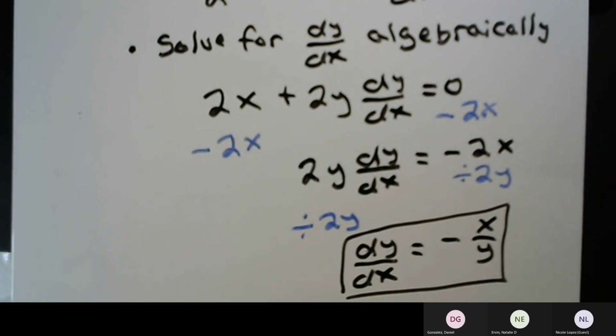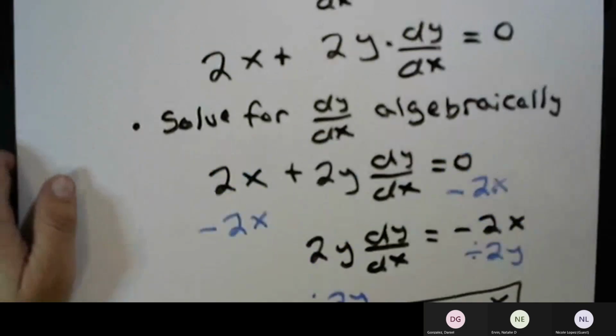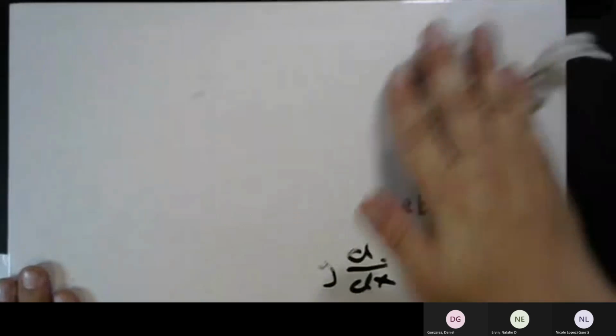So let me do another one. So any questions about that? The idea here is you get to do derivatives of things that aren't functions. So let me do another version of this more efficiently, because I think the notation got a little clunky there.